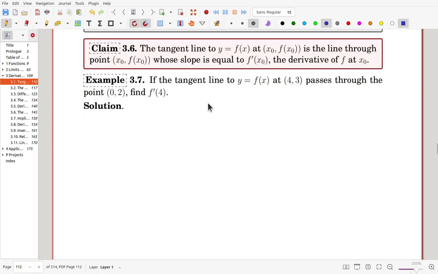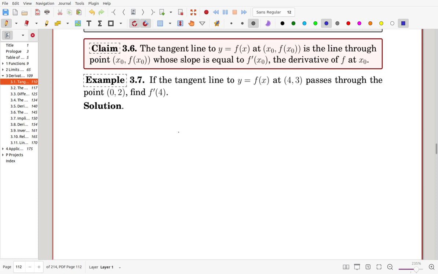If the tangent line to y equals f(x) at the point (4,3) passes through the point (0,2), find f prime 4. This condition says that the tangent line to the graph at (4,3) also passes through this point. It asks us to find the derivative at the point.